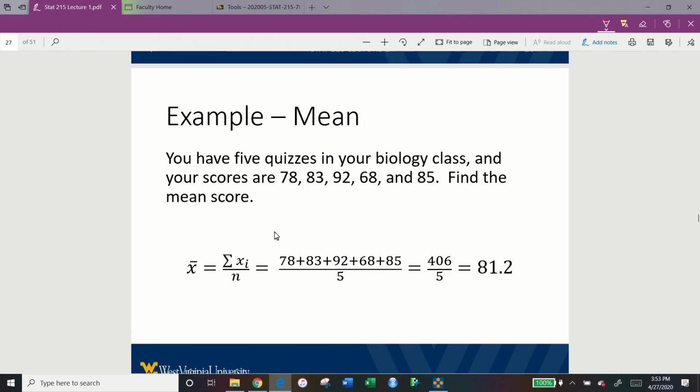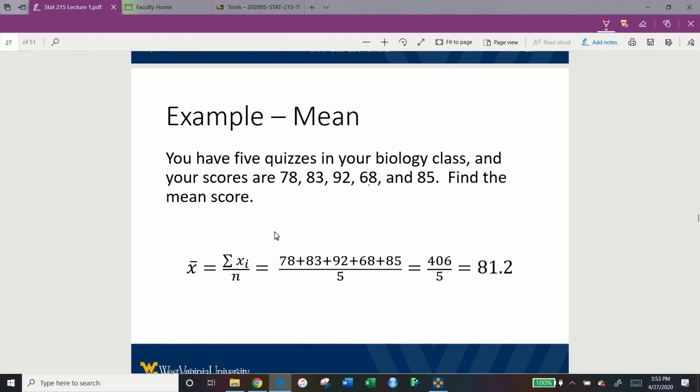Let's take a look at an example. So you have 5 quizzes in your biology class, and you score 78, 83, 92, 68, and 85. Find the mean score. So we will add up 78 plus 83 plus 92 plus 68 plus 85, and we will get 406.